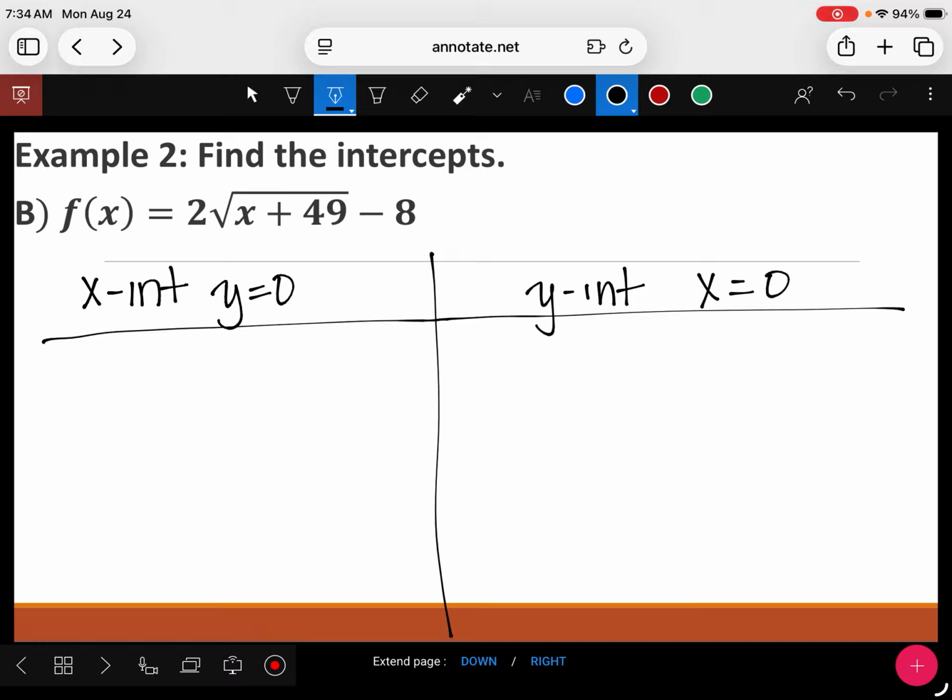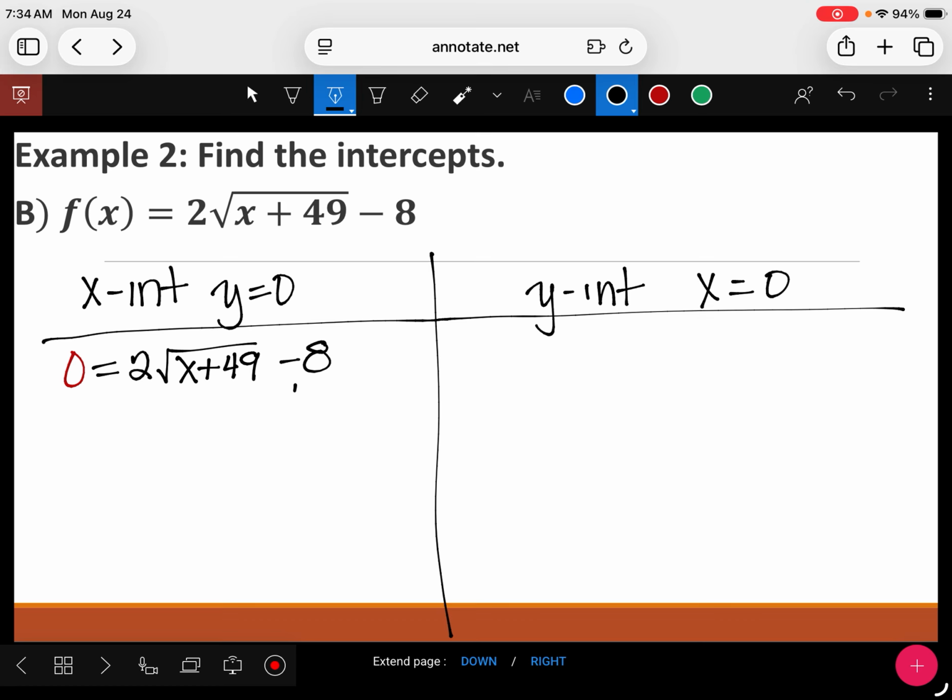I'm noticing a lot of people had x equals negative 33. Who got x equals negative 33? So that's good. We substitute the 0 in. So we would have 0 equals 2 times the square root of x plus 49 minus 8.